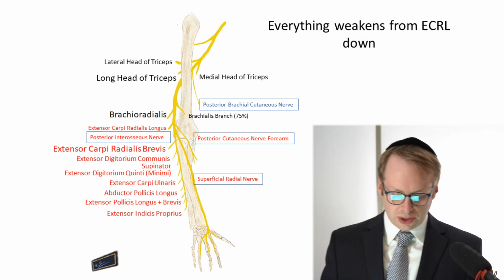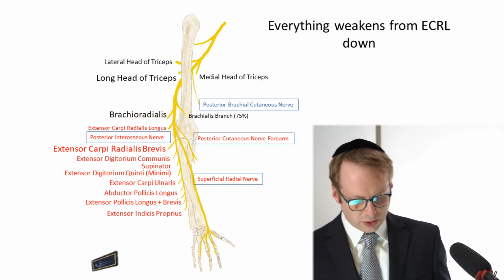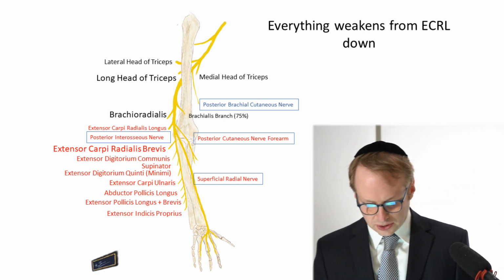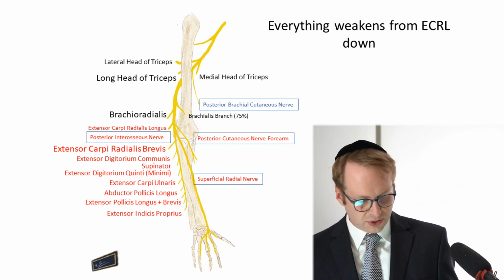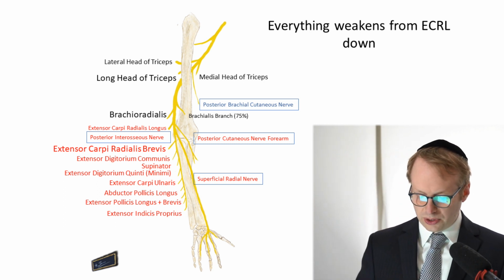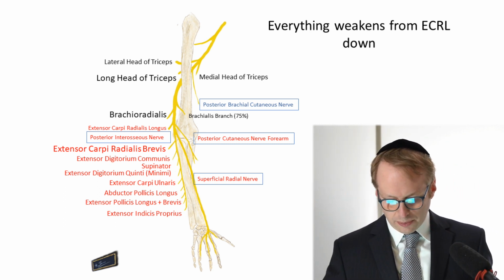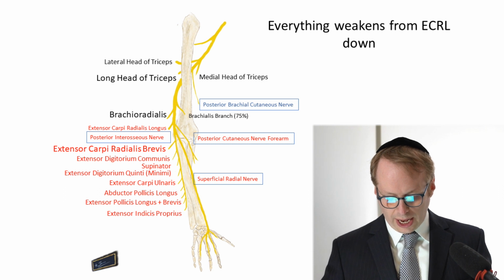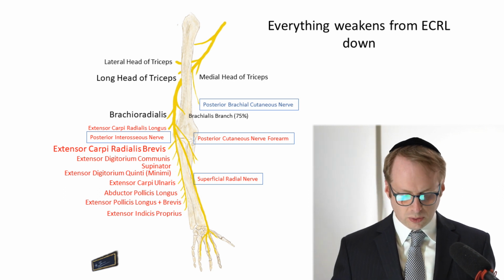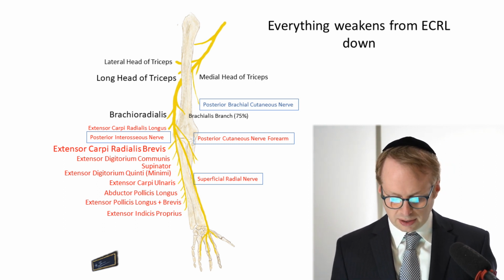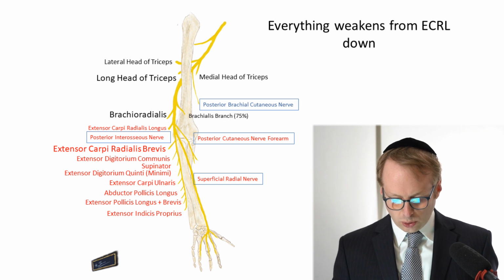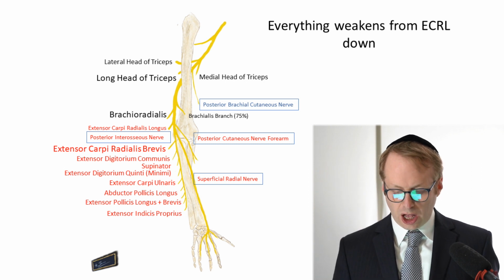Now, there are a variety of other places just distal to the innervation of the brachioradialis that can cause problems with the wrist drop. I've seen this personally a couple of times with biceps tendon repairs, and in this scenario one could actually have a situation where, for example, the extensor carpi radialis longus innervation is impaired and all the extensors beneath that, and also one can have impairment of the posterior cutaneous nerve of the forearm.